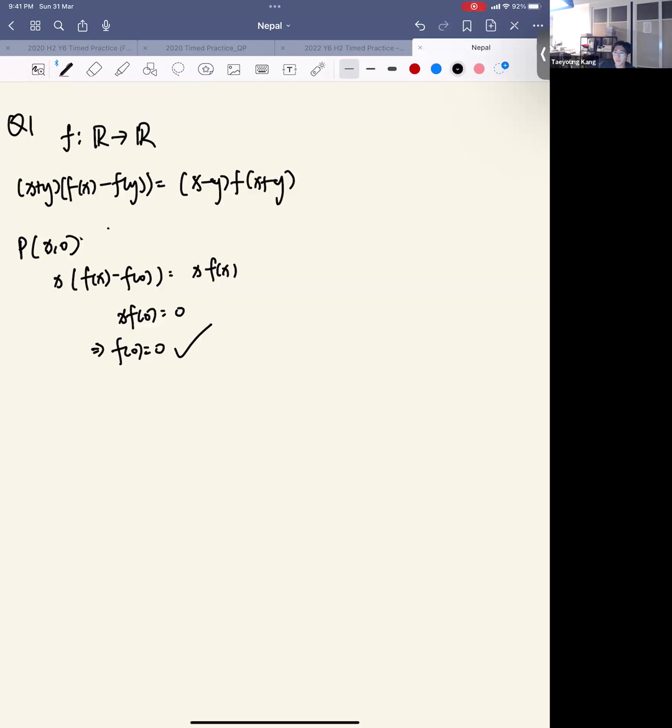We substitute f(a) and f(b) and see whether it's injective. Okay, we can try what was suggested also.